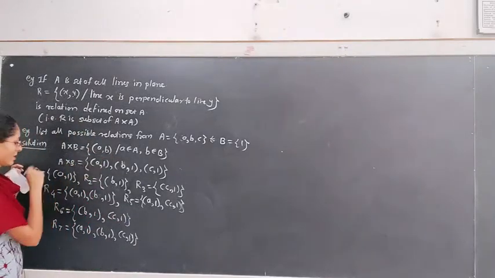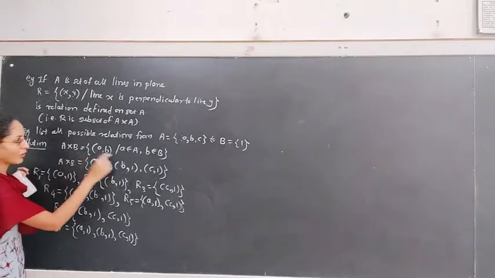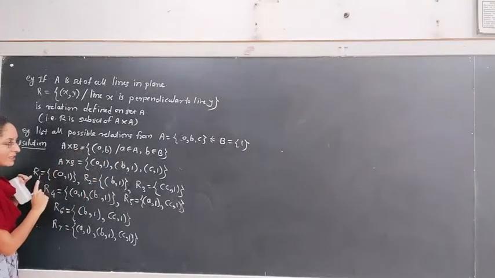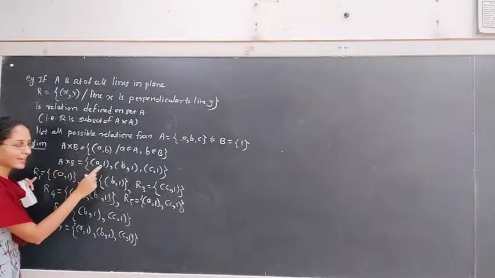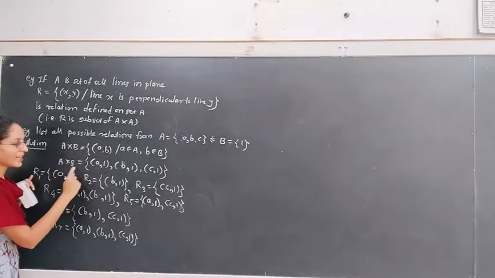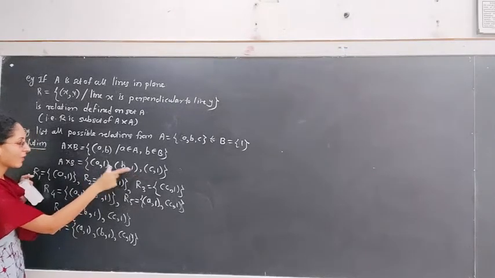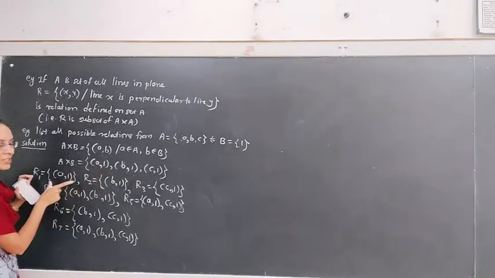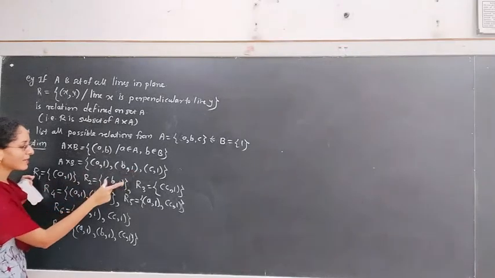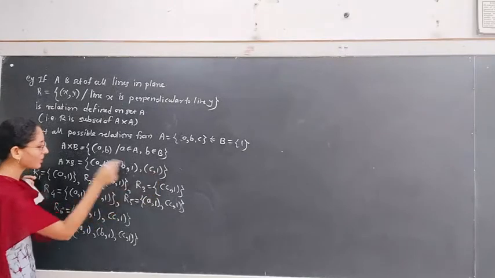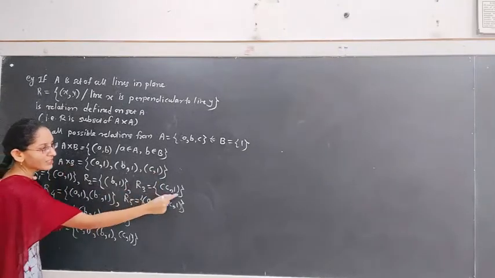We are defining 7 relations from the set A to set B. R1 is the subset of A cross B that contains one element. The elements of the set A cross B are in the form of ordered pairs. We consider one ordered pair in the first set R1, the second ordered pair in the second relation R2, and the third relation contains the third ordered pair of set A cross B which is (c,1).